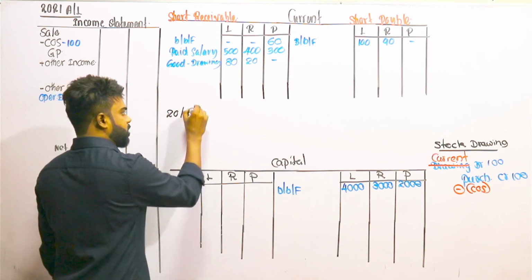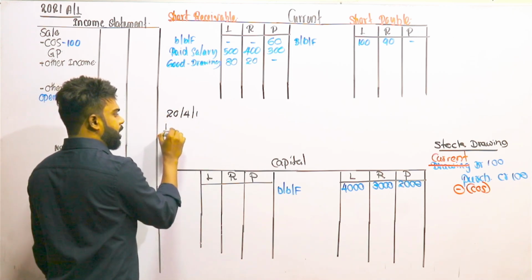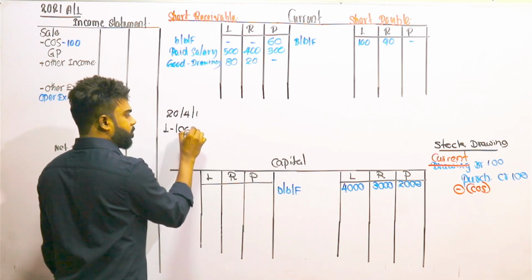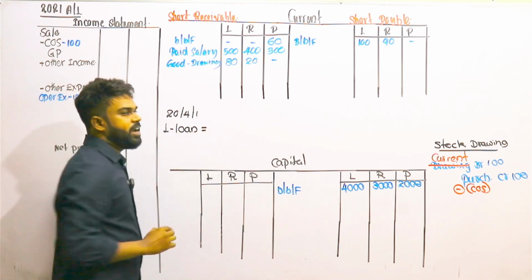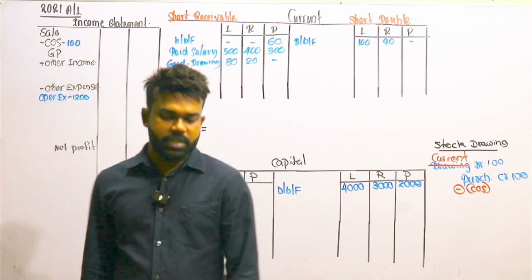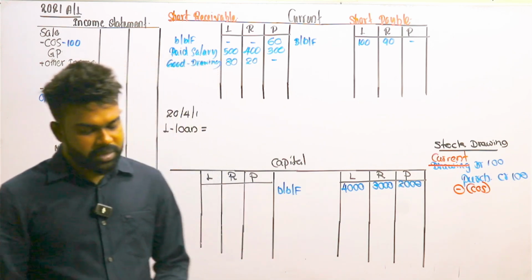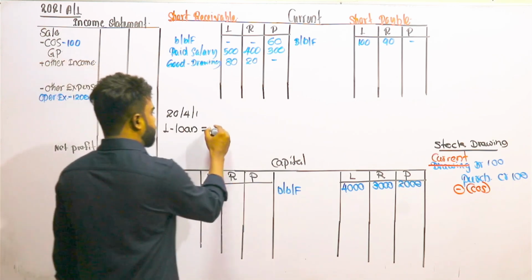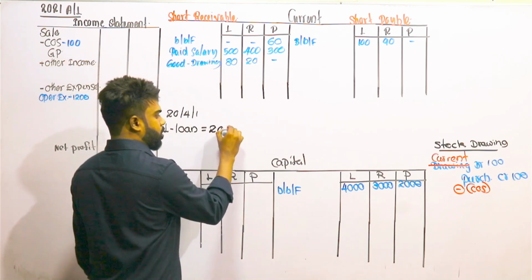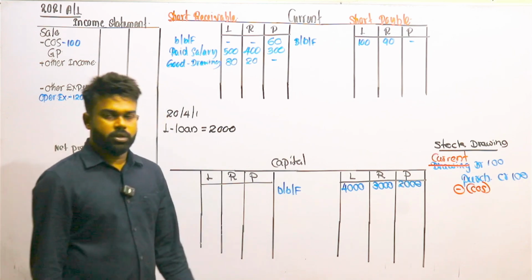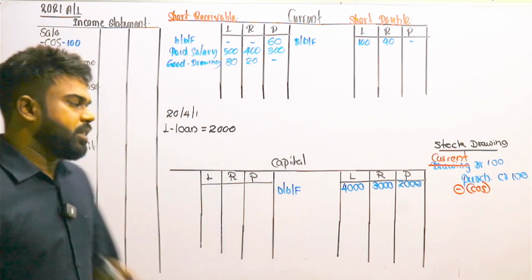Look at the loan balance in the trial balance. The loan balance is 2000. So what do we have to pay?